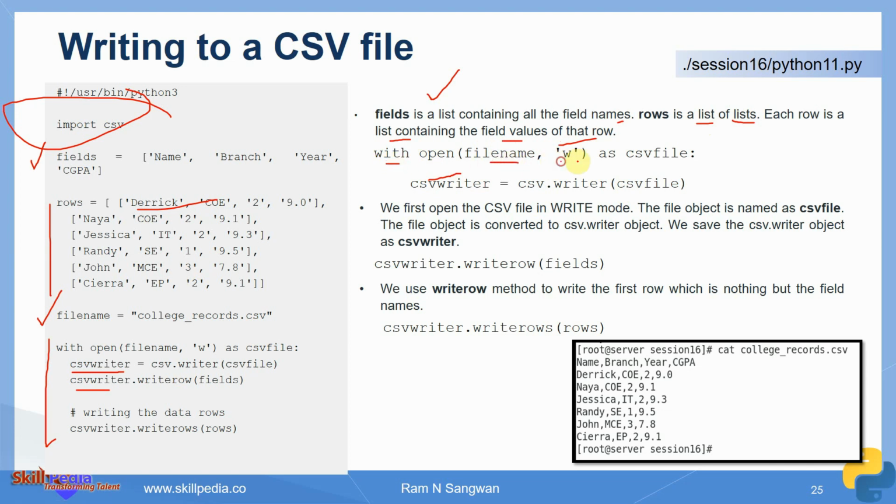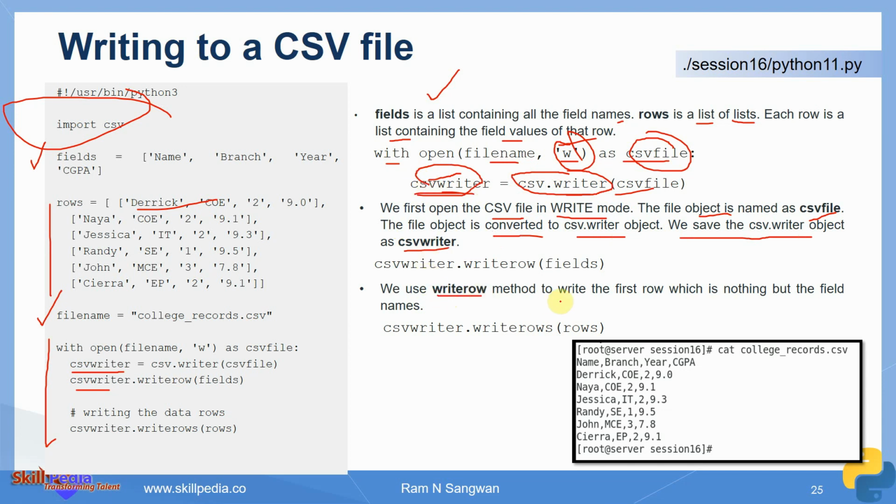With open file name w as csvfile, csv writer, and write to this file. So we first open the CSV file in write mode, that is w. The file object is named csvfile, as specified here. The file object is converted to a csv writer object by using this csv.writer, and we save the csv writer object as csvwriter.